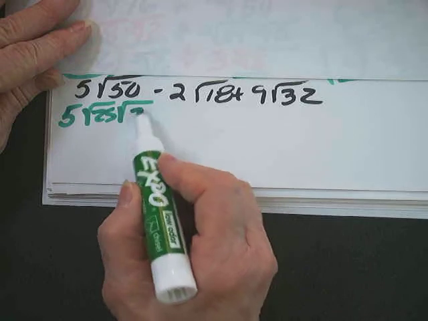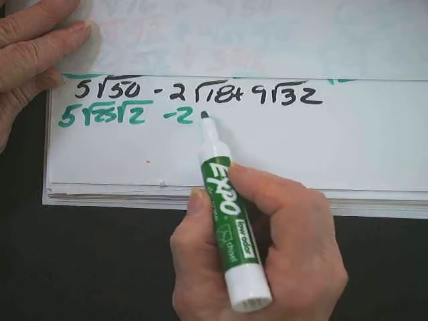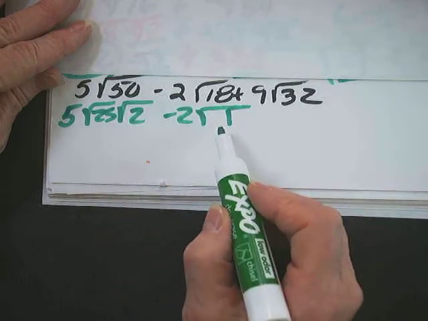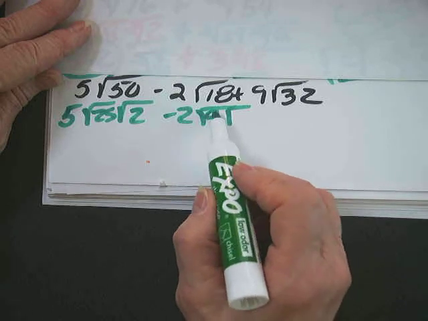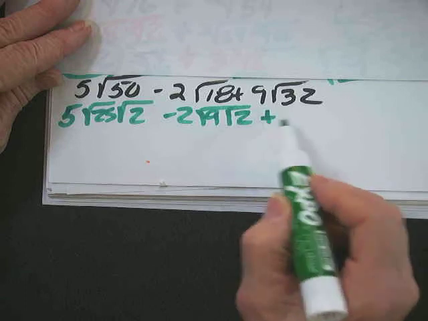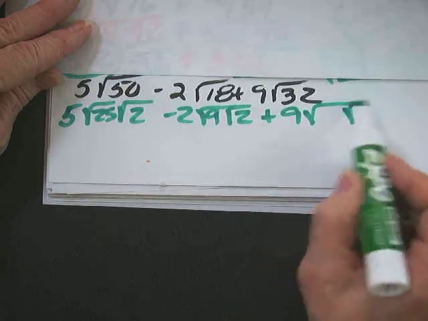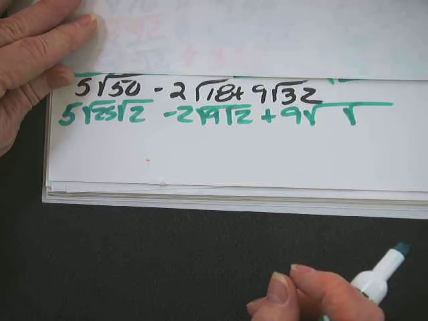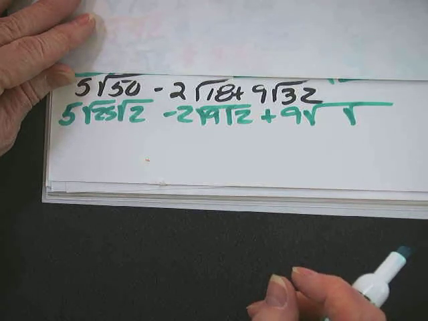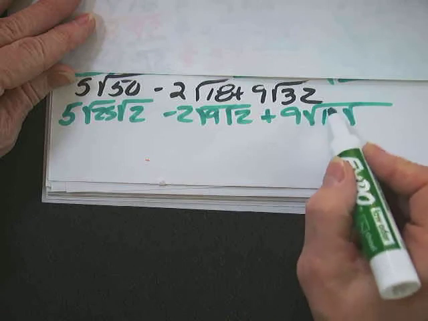Square root of 50. Get your squares out. 1, 4, 9, 16, 25. What will go into 50? This perfect square. 25 times 2, right? 18, what are we on to 18?